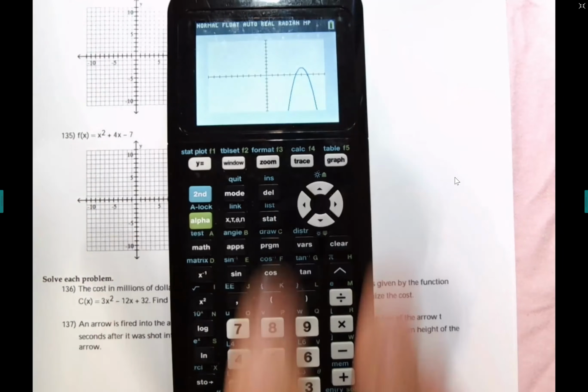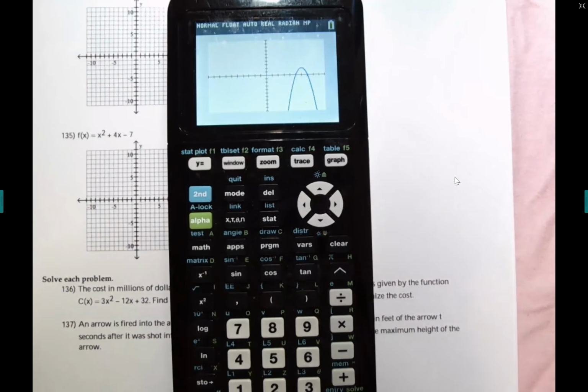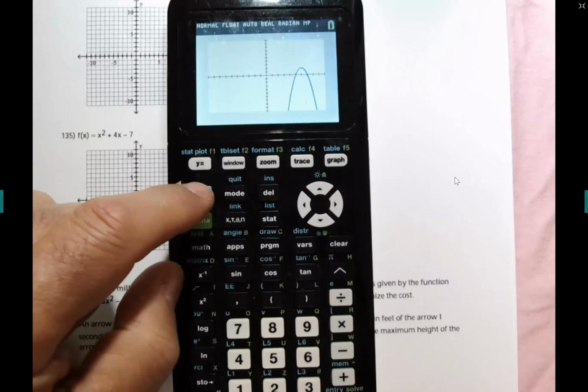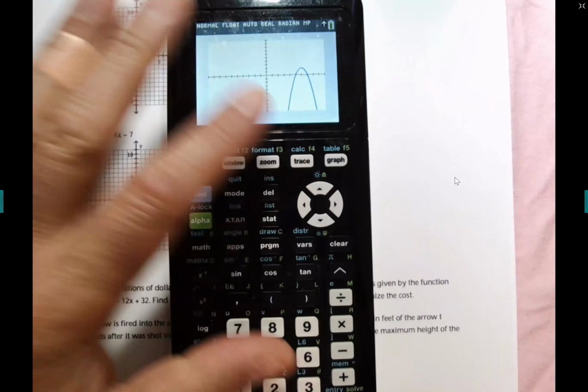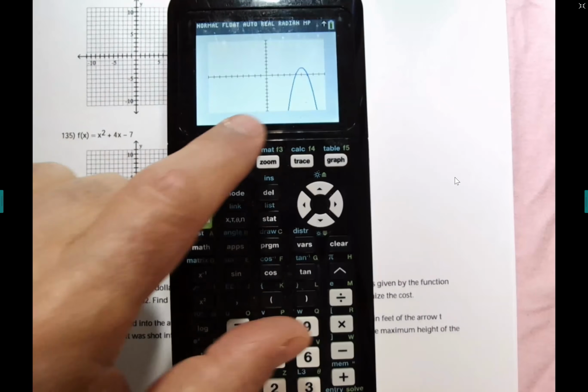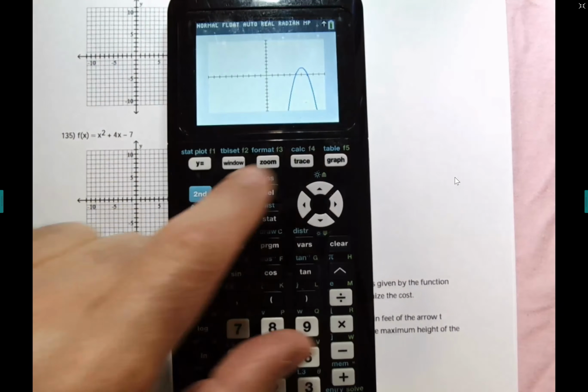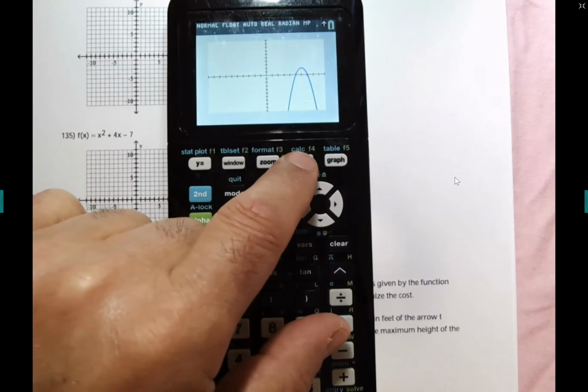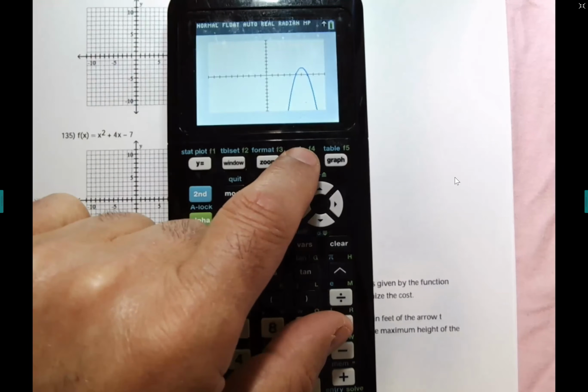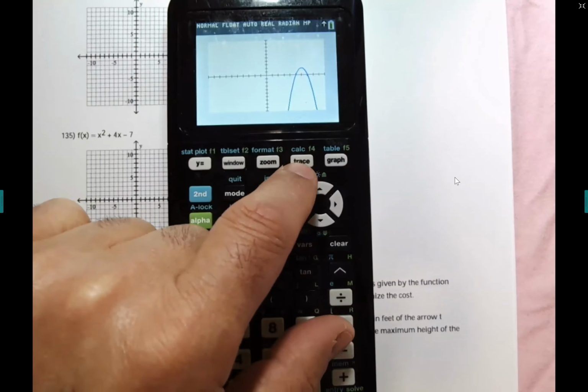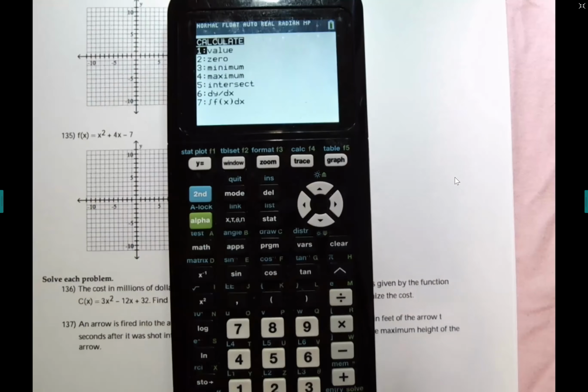And let me show you how you can find the vertex on the calculator. You go to second. I'm not sure how heavily you use the calculator in your class, but I'm going to show you this. You can always go on YouTube and check how you find the vertex using a TI-84. I have a maximum here, as you notice, guys.